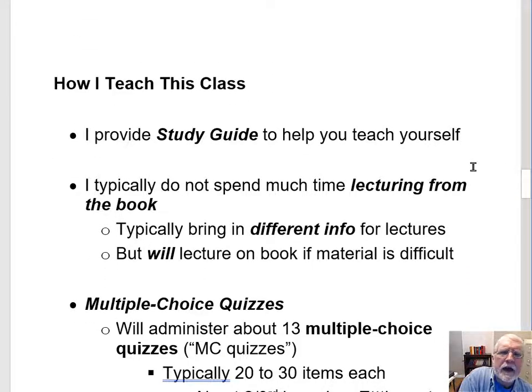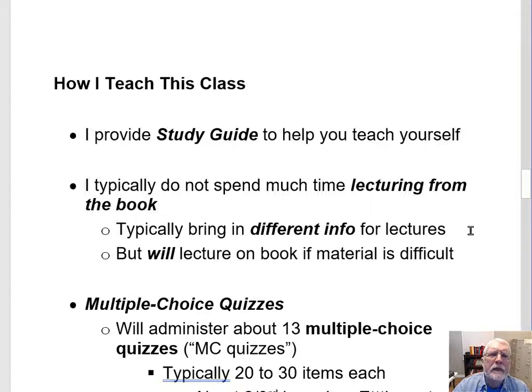I provide a study guide to help you teach the material to yourself. Most of your grade in this class will be based on how well you've learned the material from the psychology textbook by R.H. Ettinger. I typically don't spend a whole lot of time lecturing on material exactly as it appears in the textbook.